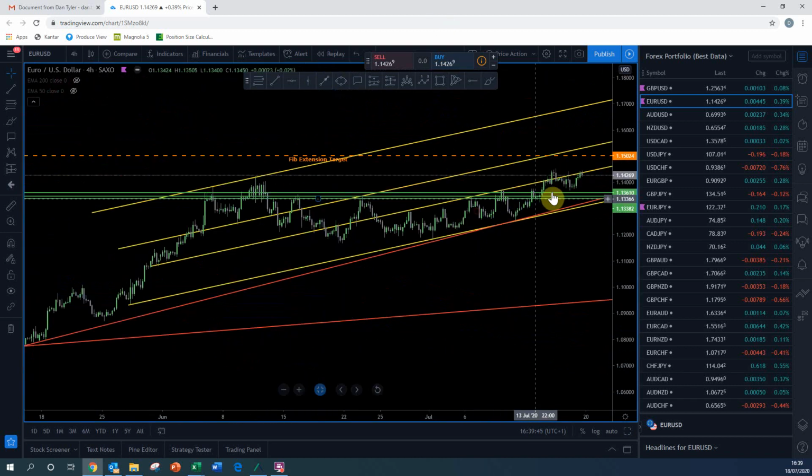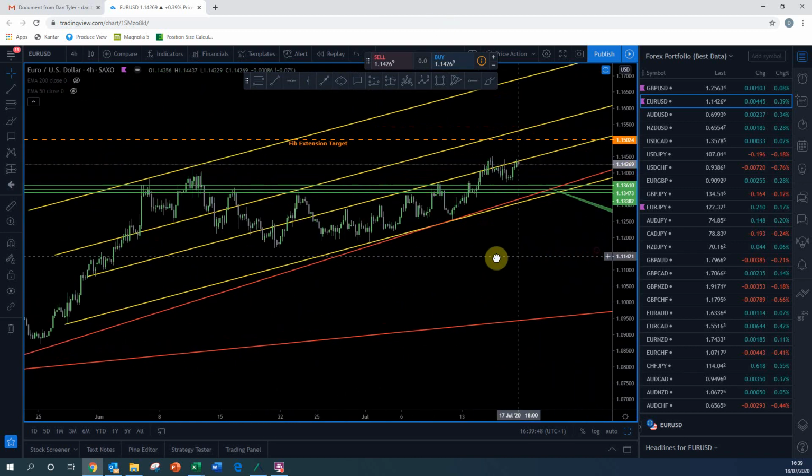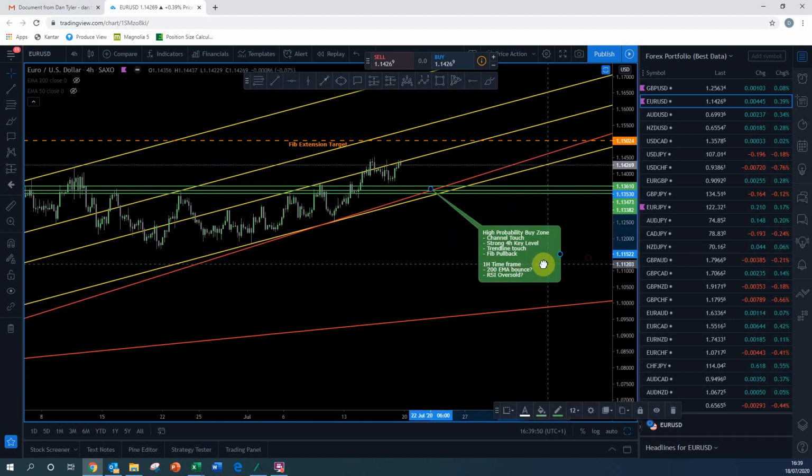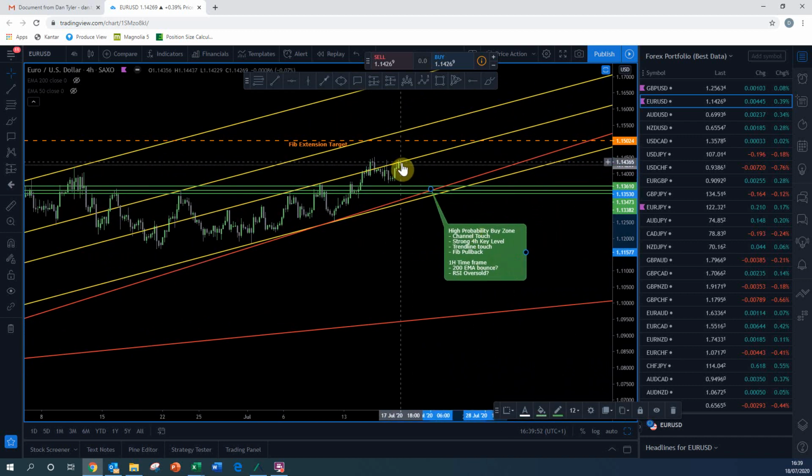So I'll just quickly elaborate on exactly what we've just gone over. We've got channel resistance here coming down to hit a really key 4 hour level, a trend line, and also a channel line.